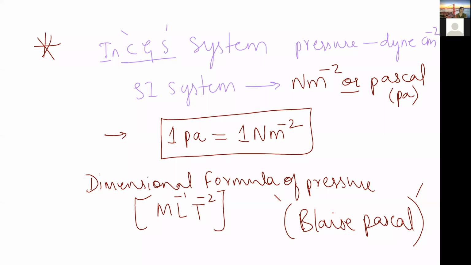Pascal is symbolically represented as Pa, and the value of 1 Pascal is 1 Newton per meter square. The dimensional formula of pressure is given by M L^-1 T^-2.